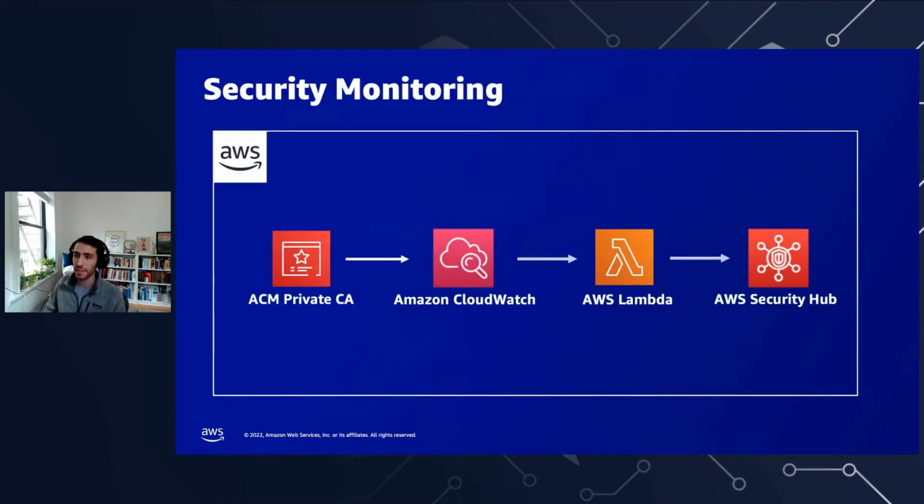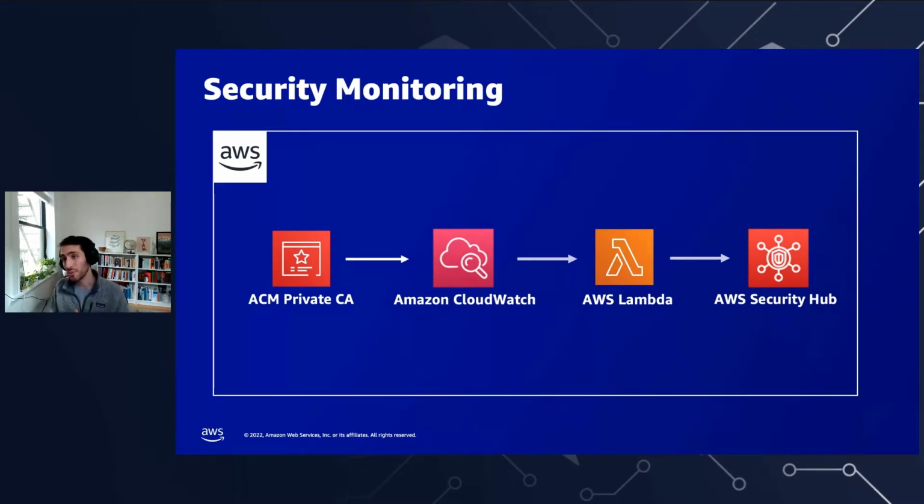The other module is security monitoring. So now that you've set up your private certificate authority hierarchy, we want to be able to accurately audit and monitor what we call privileged actions. So this includes root CA rotation, certificate rotation, and other highly authorized applications.